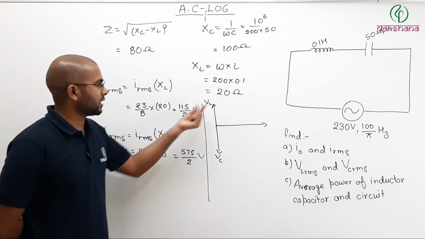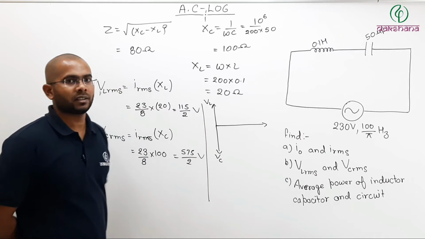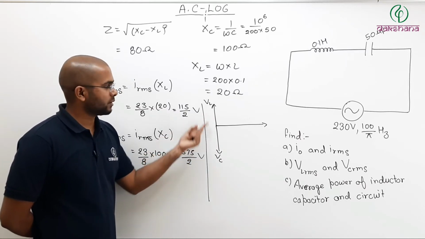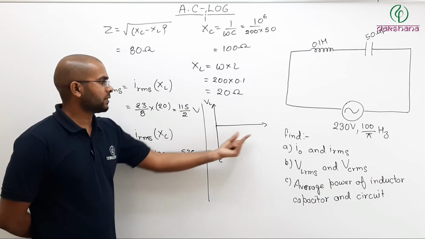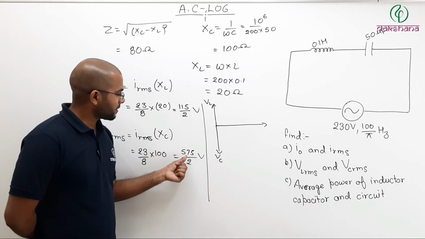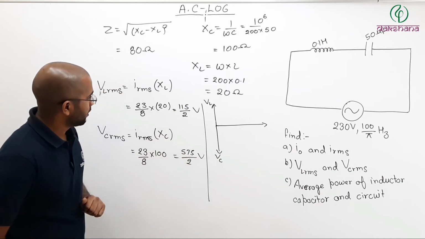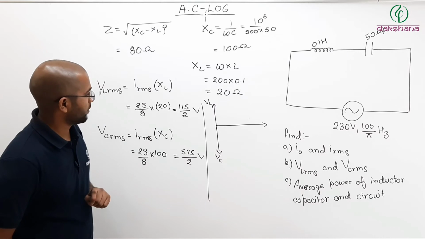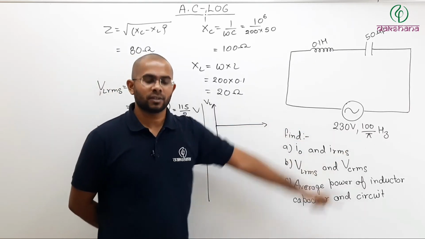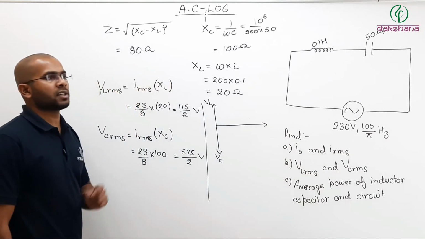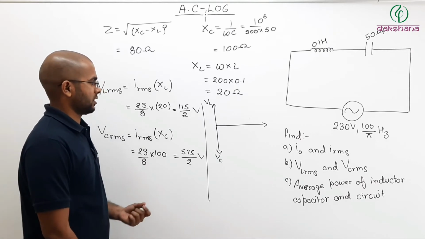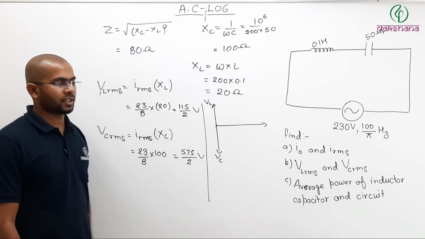Since VC is greater than VL, total voltage is VC minus VL. So 575 minus 115, why minus? Because of the vector sum. If there was a resistor also, you would have done the vector sum. 575 minus 115 is 460, and 460 divided by 2 is 230. You are getting the correct answer. So in case of any combination of L, C and R, you should do vector addition. Pause the video, note it down, then we will solve the last one.